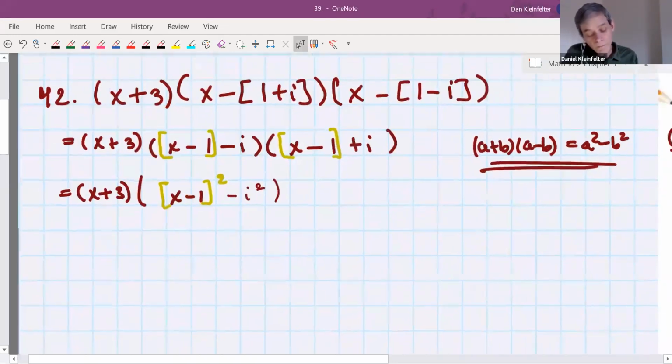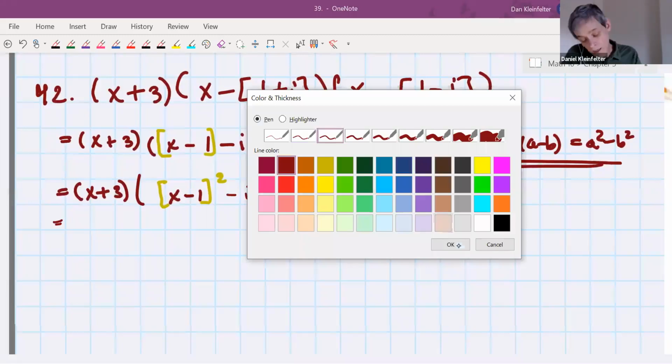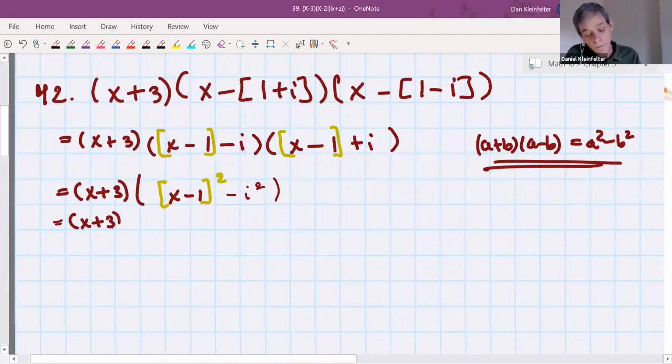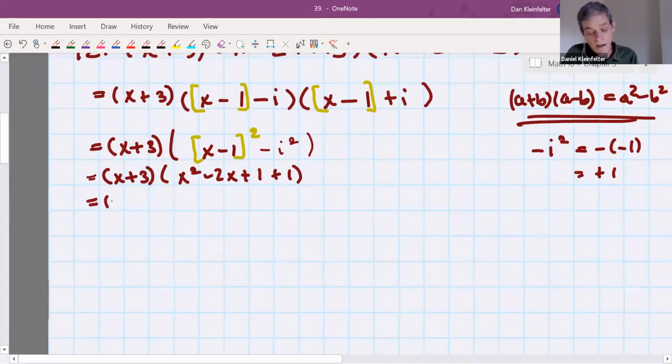Okay, so then x plus 3 is still there, and here x minus 1 squared, you can use the perfect square trinomial formula on that. That takes care of those 3 terms. And then minus i squared itself is equal to -1, so this will give us a plus 1 in the end. Okay, so now we're getting there. x plus 3 is still there, times x squared minus 2x plus 2.